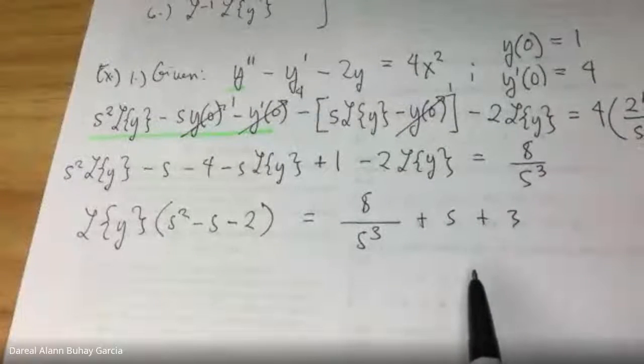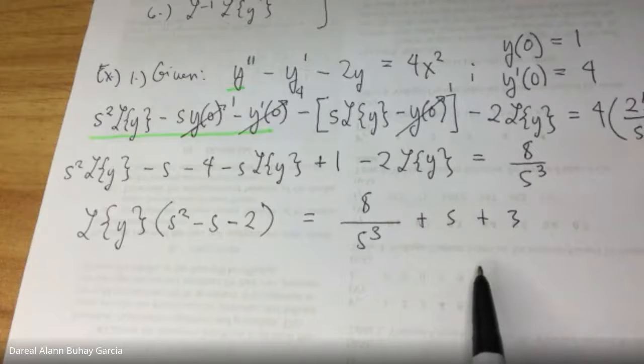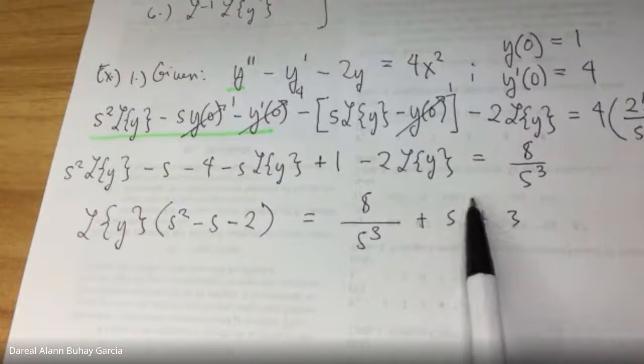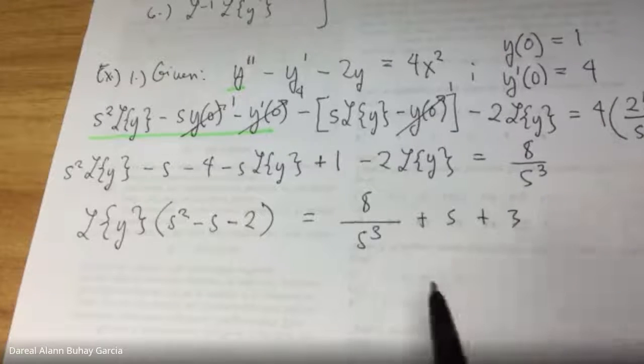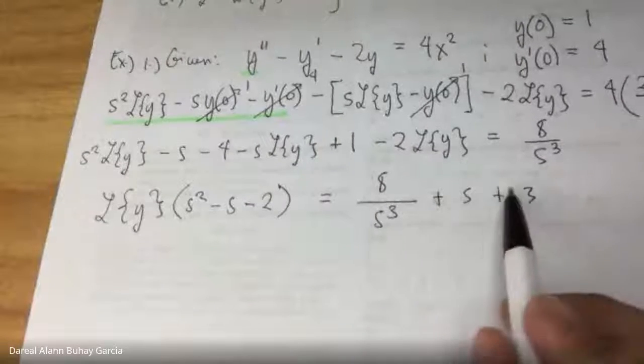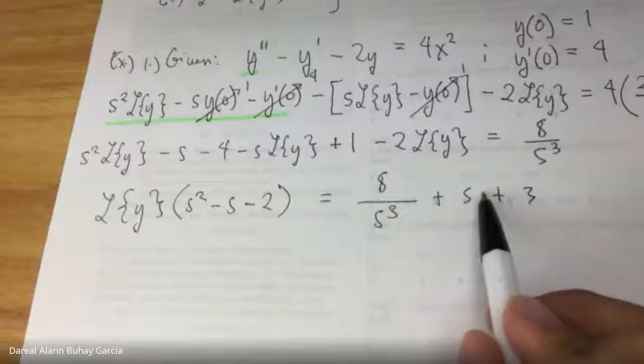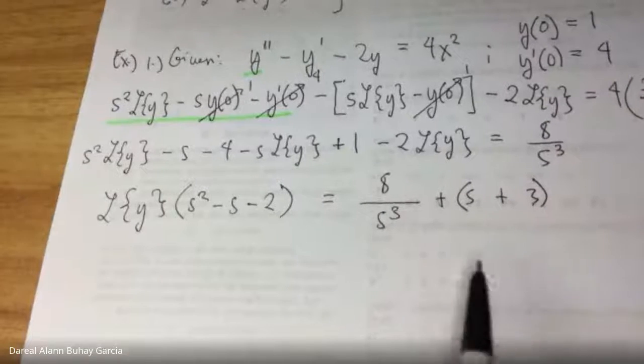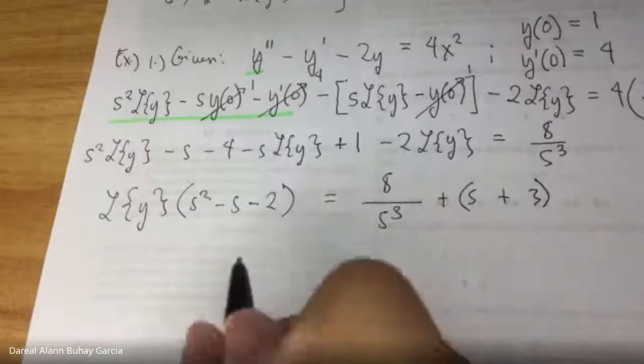Simplify. Simplify na to ha. Pwede naman iusa. Plus S plus 3. So divide everything by this one.